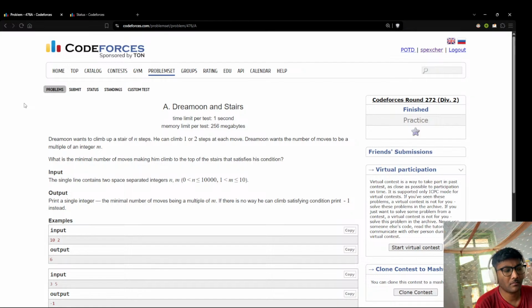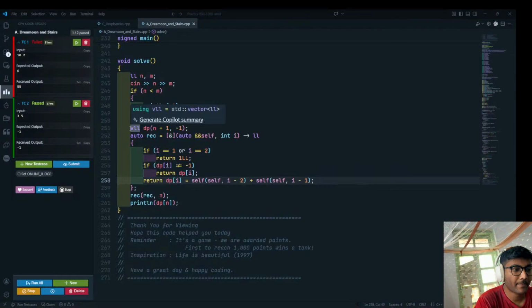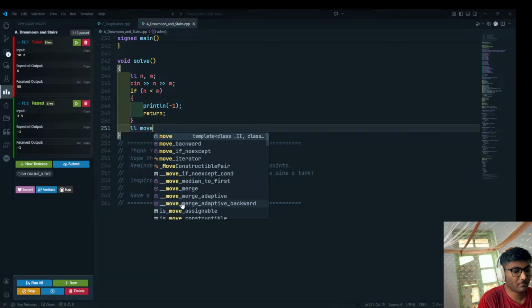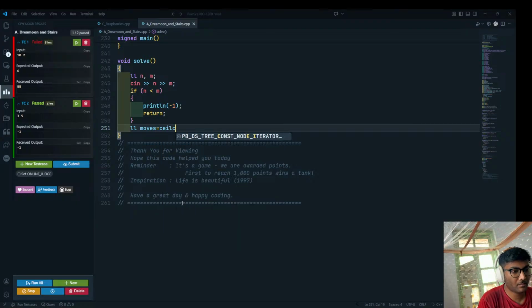Ceil of n by 2, that is 5. I don't need any DP. Moves is n ceil div 2. So that's the moves I require actually. But it has to be a multiple.